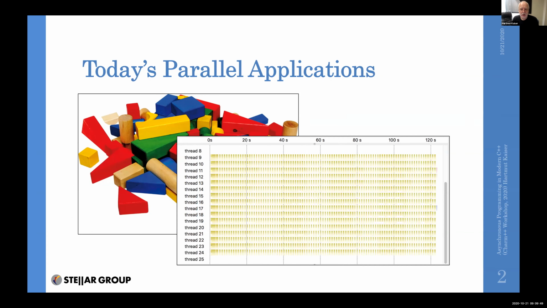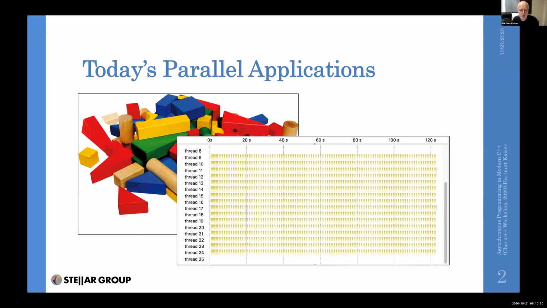Even if we look at applications that we believe are nicely parallelized, we usually see this kind of behavior in the utilization of the machine. What that image shows is the utilization of a couple of cores in a typical application, where the green bars show that the core is busy and the white gaps in between just indicate that the cores have nothing to do.